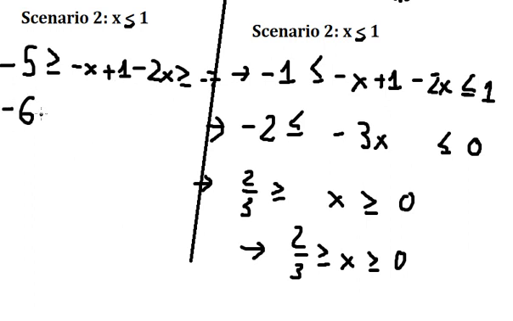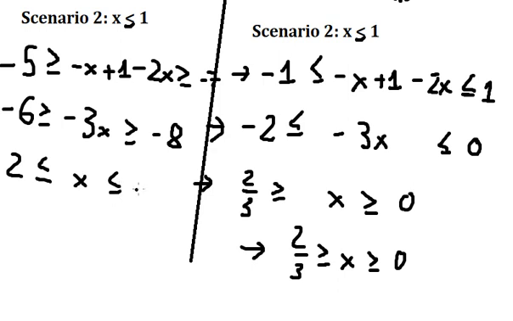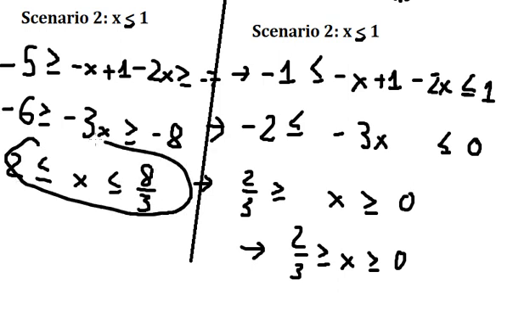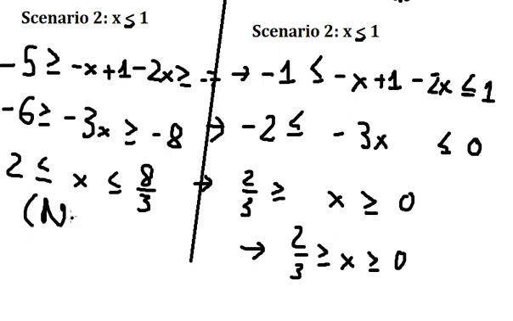So we have negative number 6. This one negative number 3s. This one we have negative number 8. Then we divide both sides by negative number 3. And we can see that this one outside of this one, so no solution.